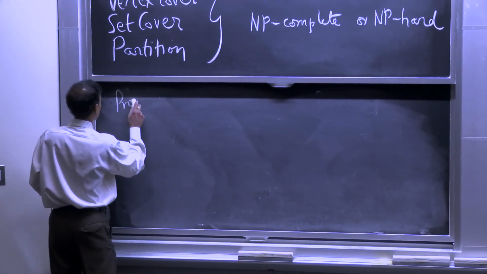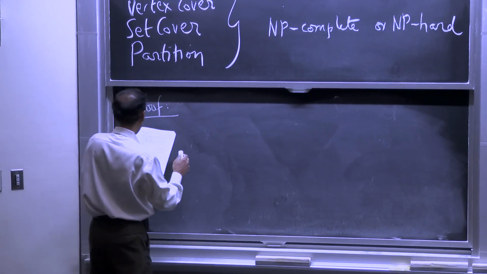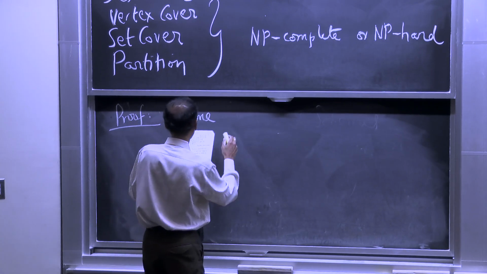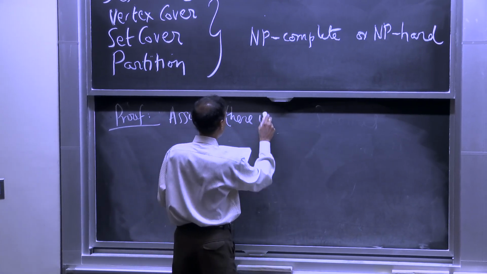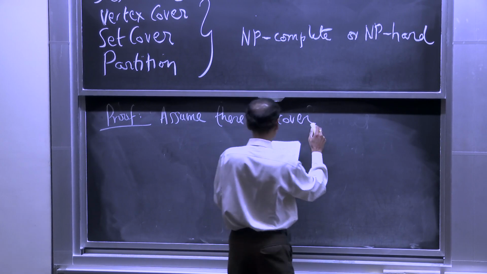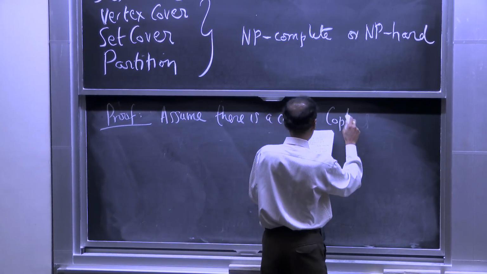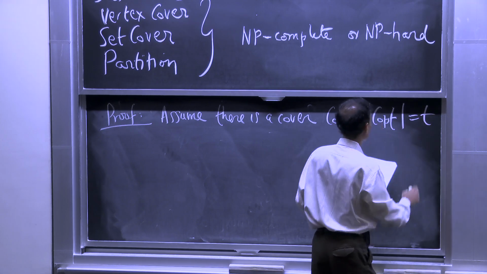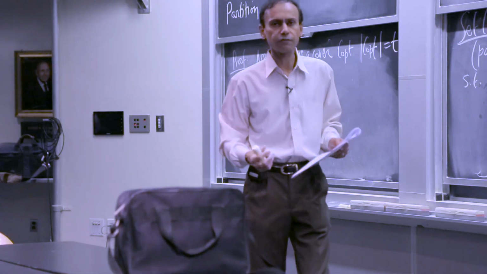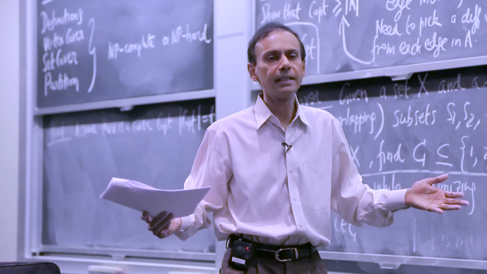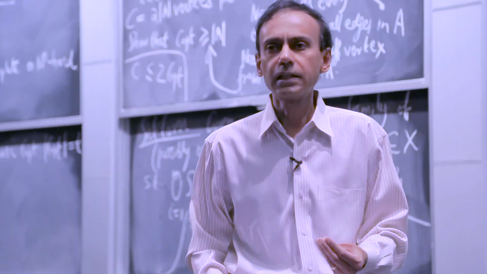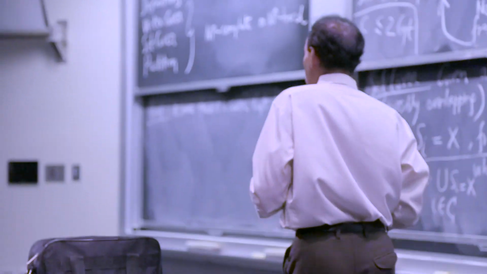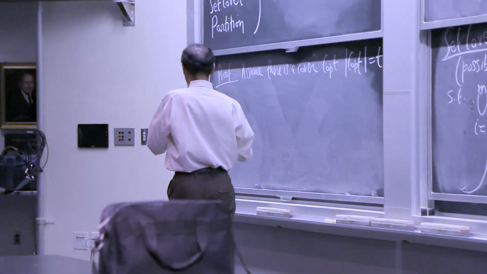So, but what we need to do, of course, is show a proof, and the way we're going to do this is by a fairly straightforward counting argument. Assume there's a cover C-opt such that the cardinality of C-opt equals T. Okay? So I'm just assuming that there's T subsets in my optimum cover.